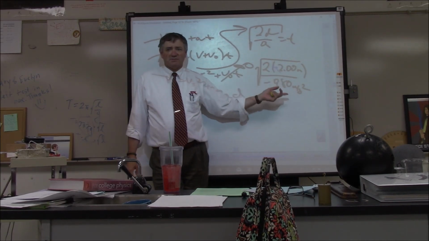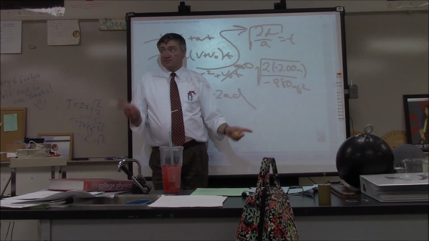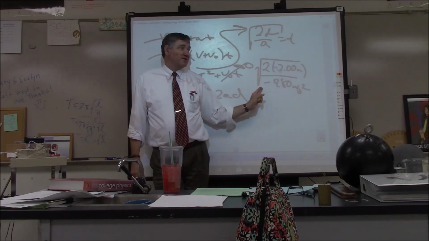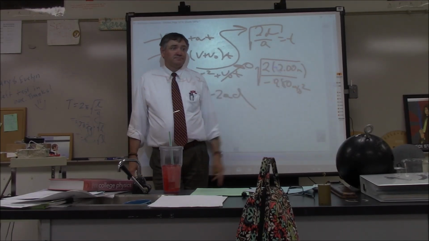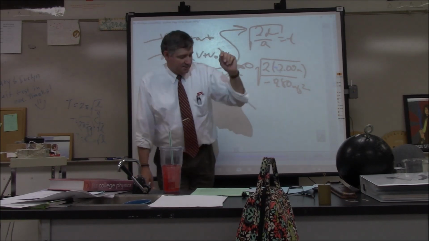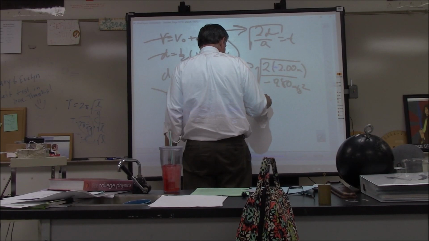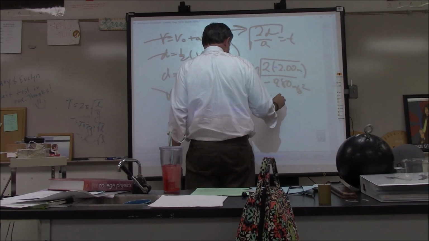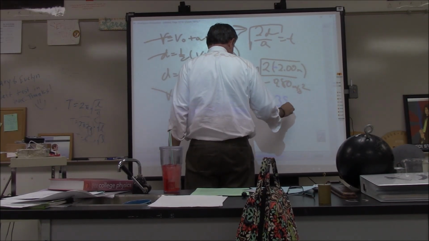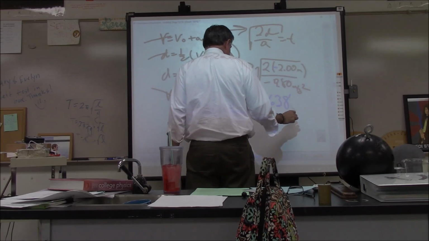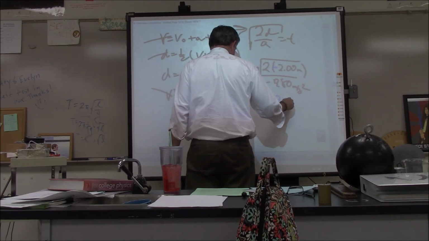So, somebody crunch the numbers. Take 4 divided by 9.8. And here's what you're going to do. Mark my words, you're going to forget to take the square root of this whole thing. So what do you get? 0 point something. 0.638?